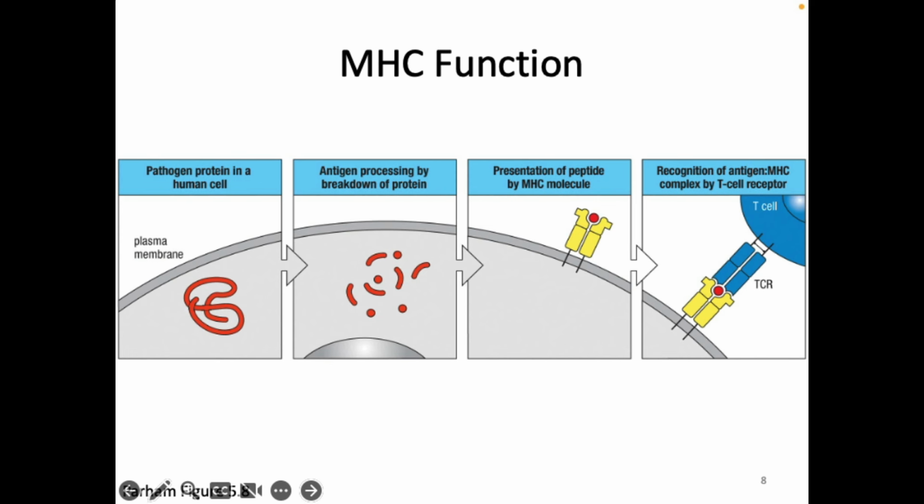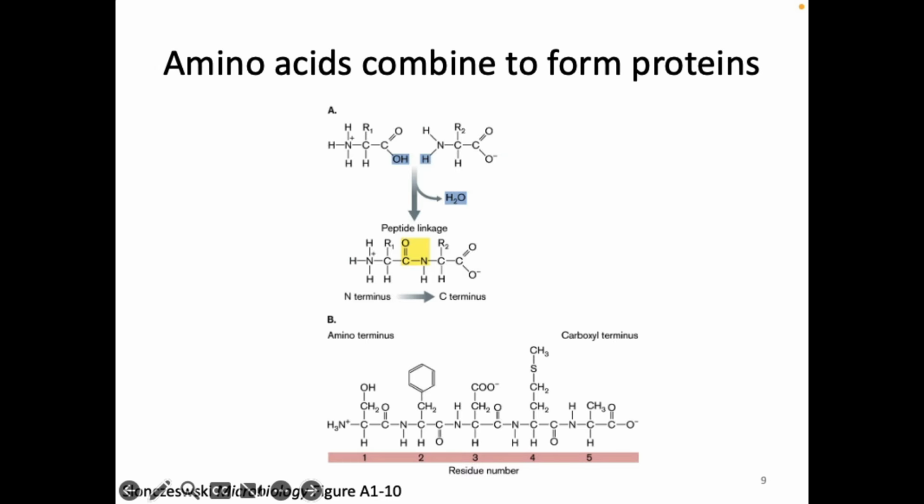In order to talk through all of the details of MHC function, I have to give you a quick reminder of a couple of things about proteins and protein structures. Hopefully this is not totally novel information for you. When we think about proteins, we should remember that they are composed of amino acids, all bound together.